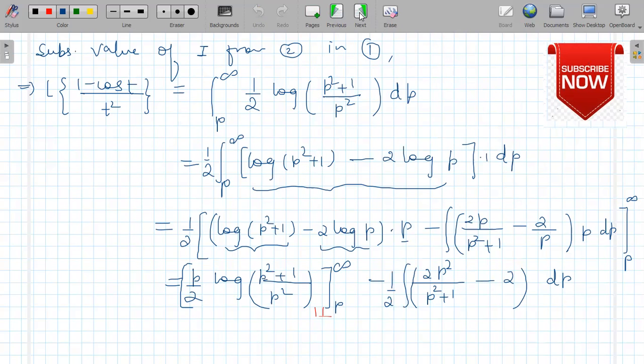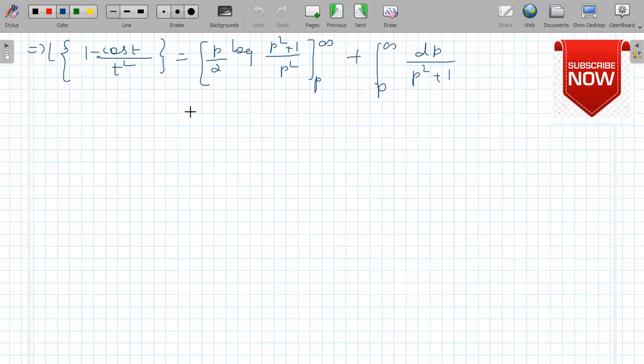So this is equal to, when you apply the limit here, actually we apply limit on these two expressions separately.